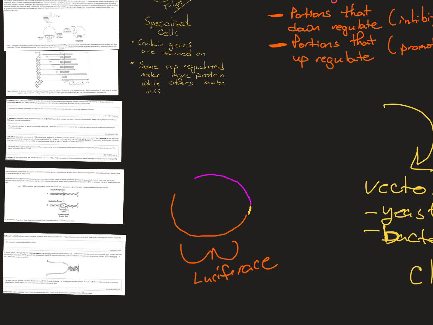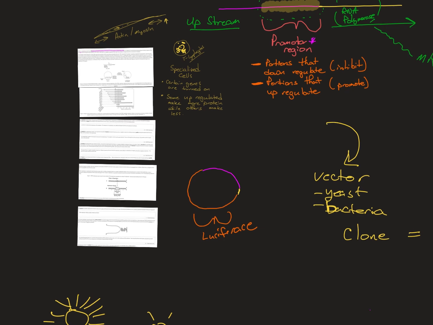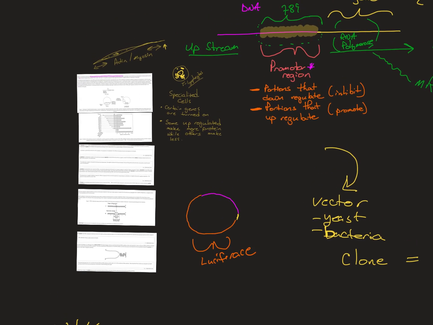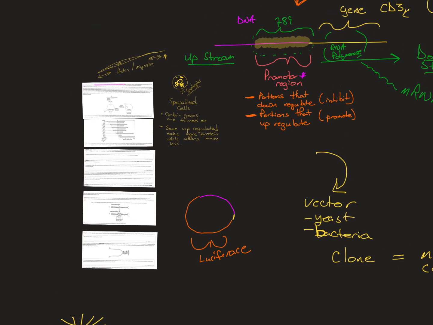Let's see what they do with it. But again, they put that construct into a T lymphocyte. The T lymphocyte does mitosis. It expresses the gene. Why is it going to express the gene?